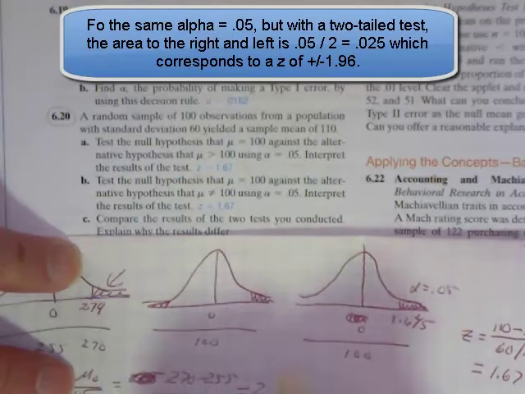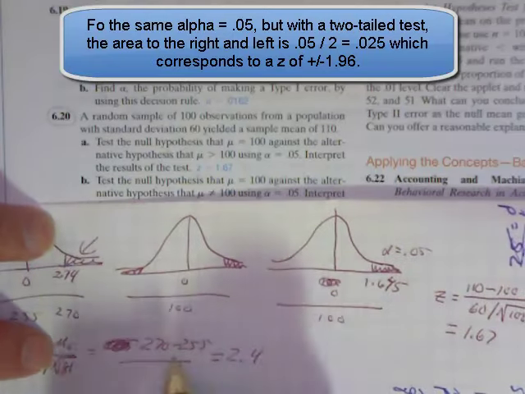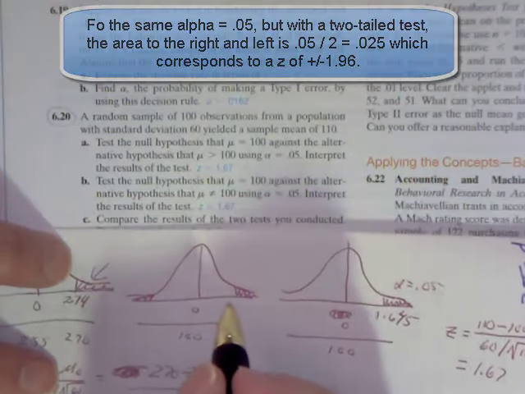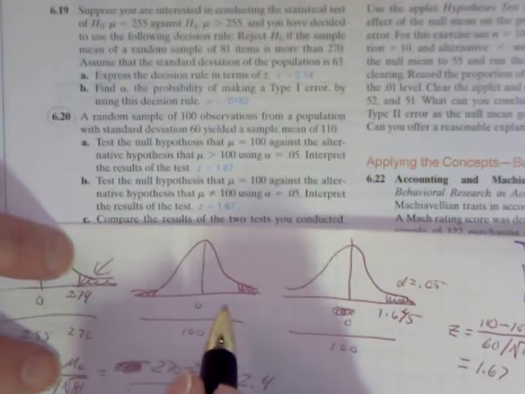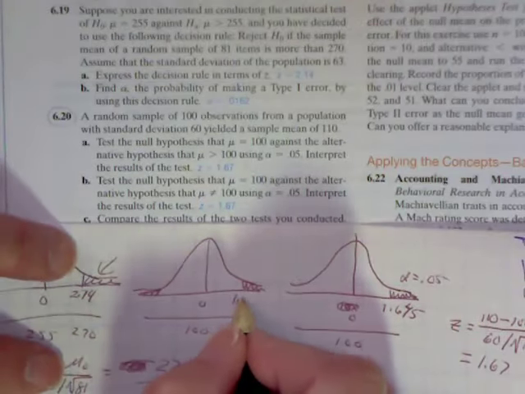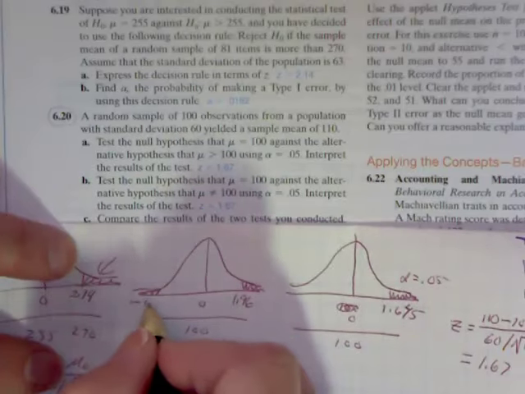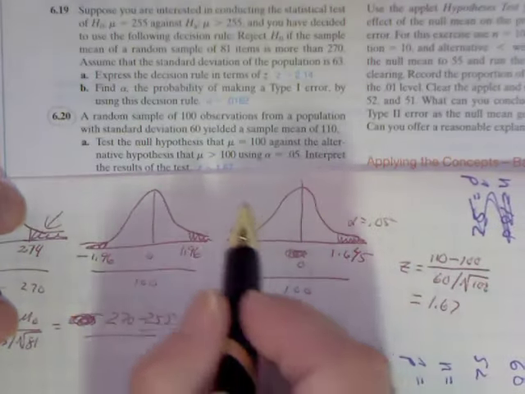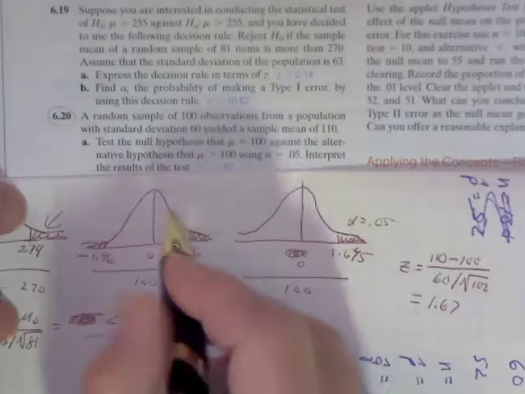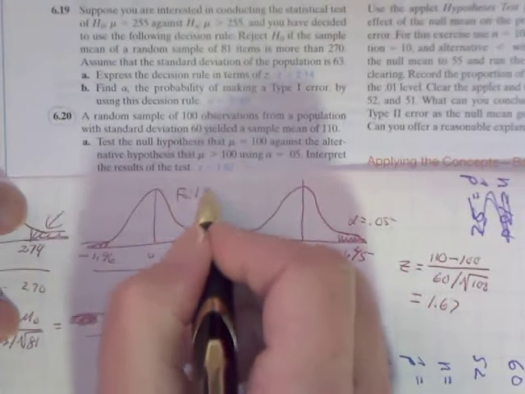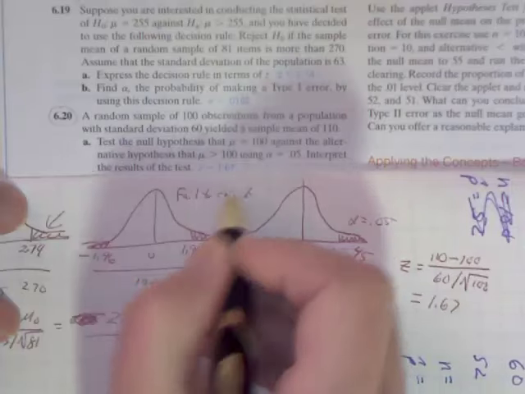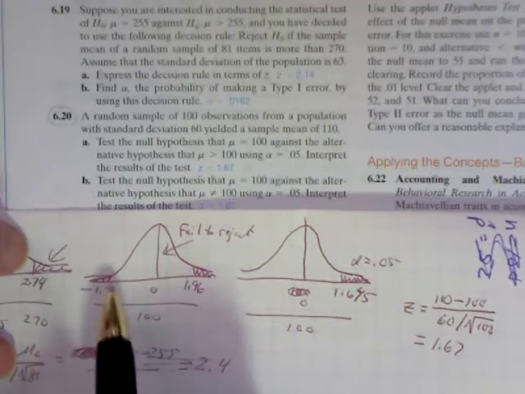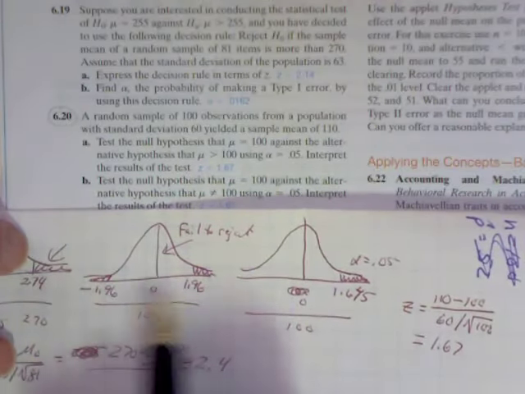Once again, I get the same number, 1.67. But the rejection region value here is 1.96 and negative 1.96. So the number that we calculated falls right about here, and this is the fail to reject. And so we cannot reject the null hypothesis when the alternative is, no, it's not equal to 100.